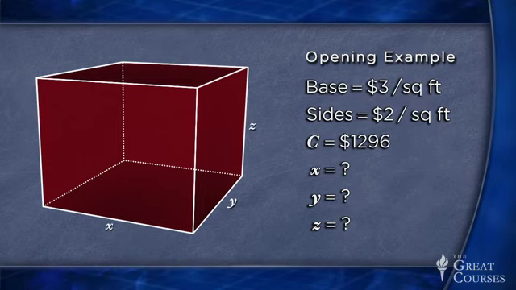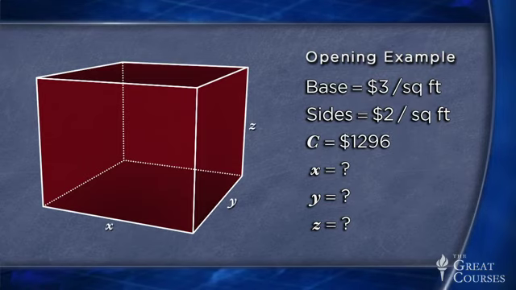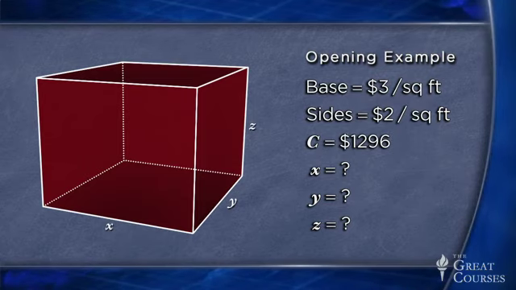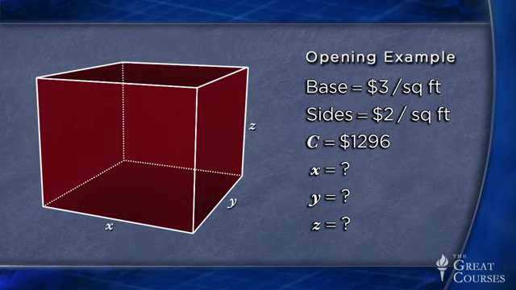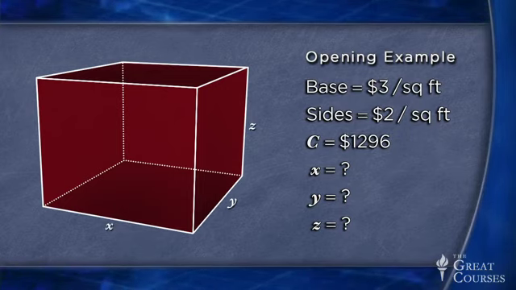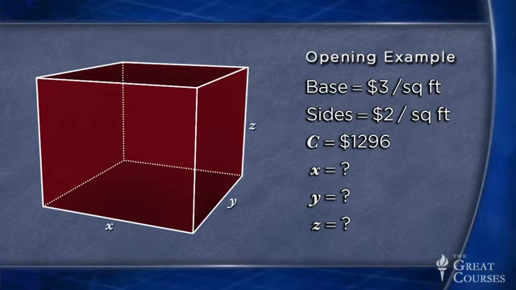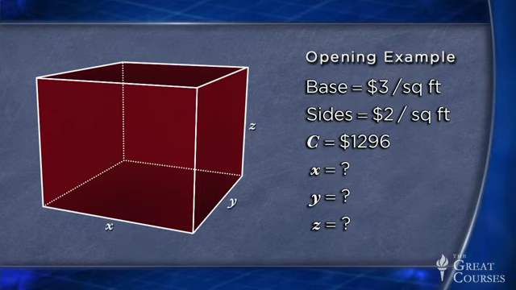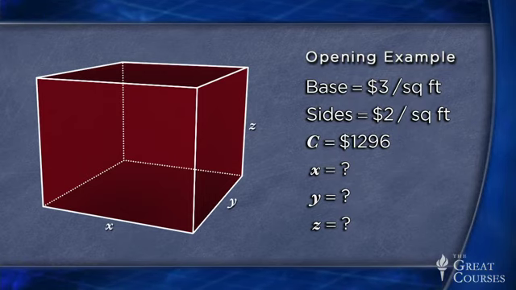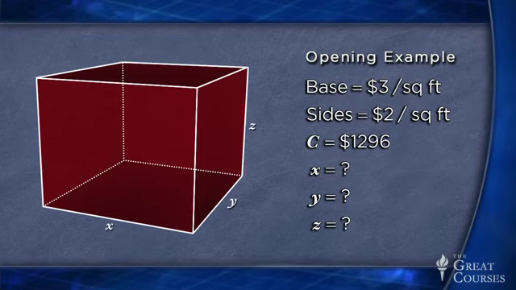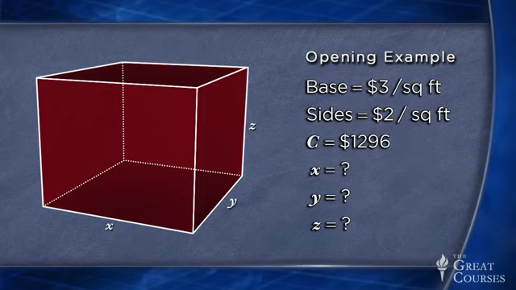And we had a fixed amount of money, $1,296. Kind of a strange amount of money. Why not make it $5,000? And I think I mentioned, this makes the numbers come out a little more pleasant. If you put an arbitrary amount of money here, you can get into radical land and things can get pretty complicated. So again, we want to find the dimensions of the box of largest volume subject to the constraint of this finite amount of money.